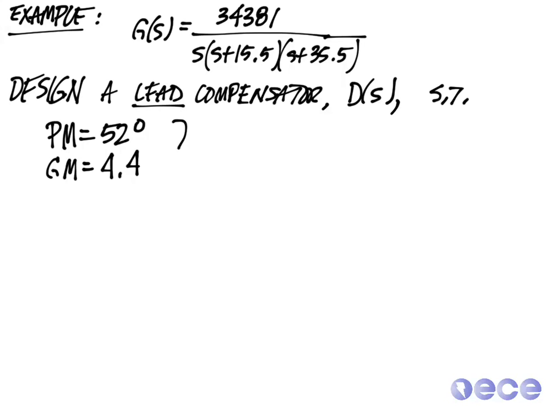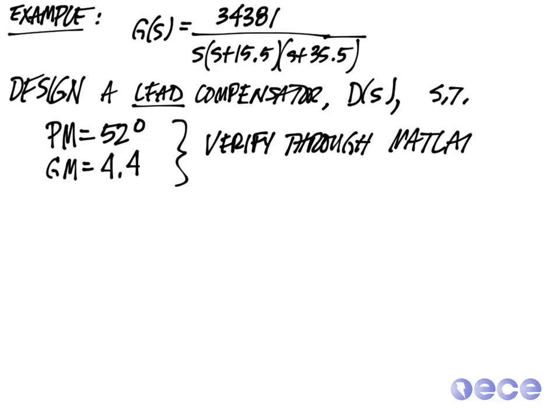So in the end, I would like to verify this using MATLAB. The MATLAB that actually implements this and shows you how to use the various commands is up on the web page.